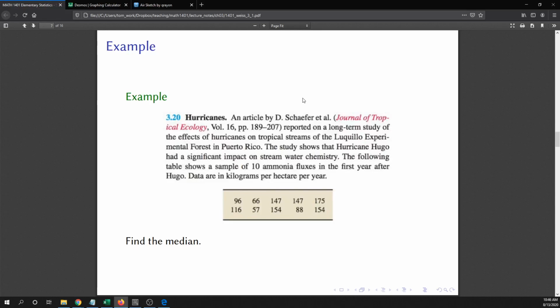Okay, and next up we will take a look at this hurricane data again in problem 320, and we will find the median of this data set. So again, what we're going to have to do is to put these in order.